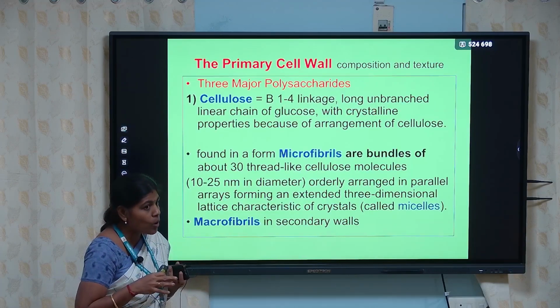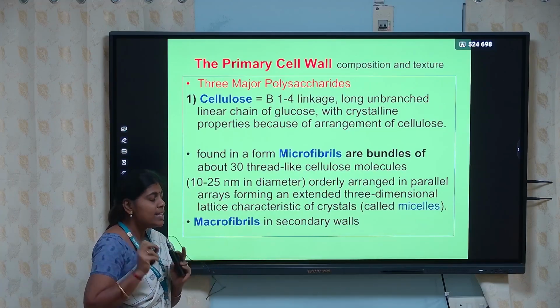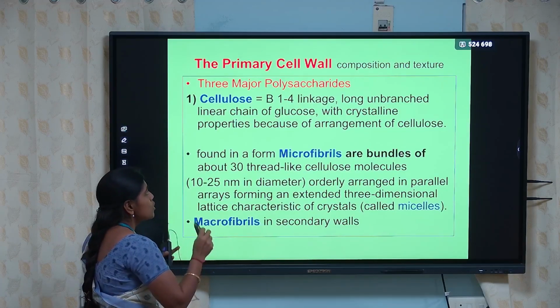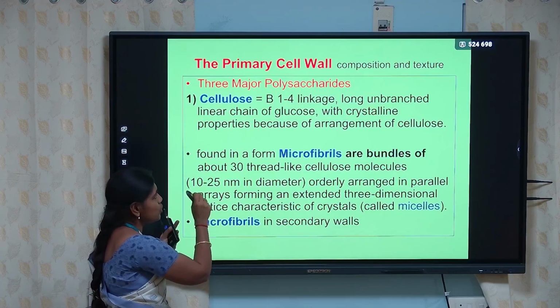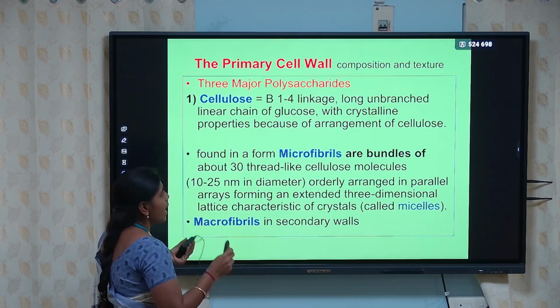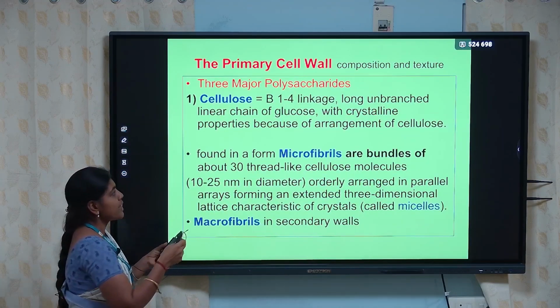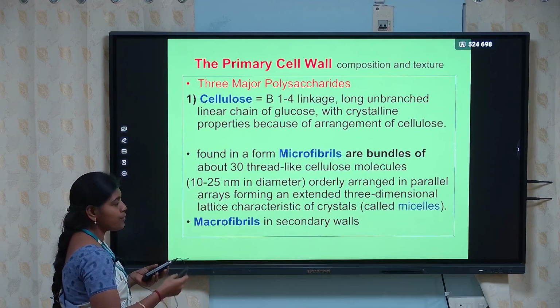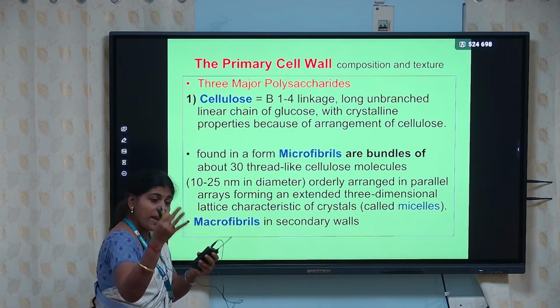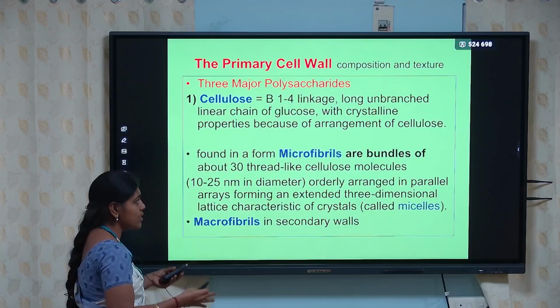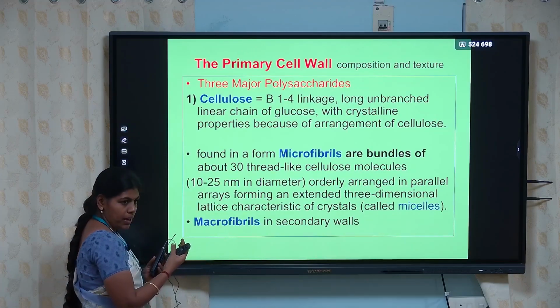How does cellulose compose the primary cell wall? It has beta 1,4 linkages, forming a long unbranched linear chain of glucose with crystalline properties because of the arrangement of cellulose. Based on the arrangement of cellulose, the primary cell wall is formed.